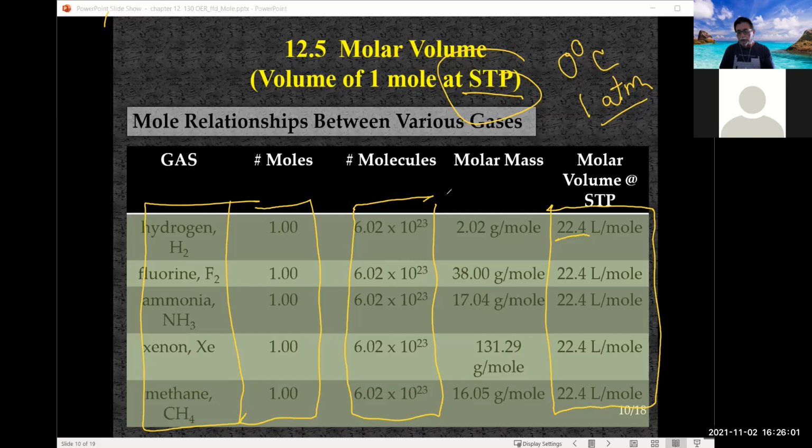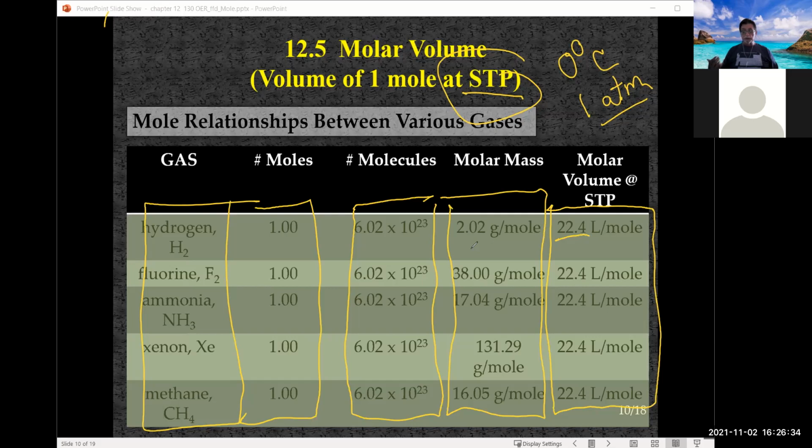Now, obviously, they're all going to have different molar masses because they're different elements, different weights, different numbers of protons and neutrons, etc. So hydrogen is going to have a molar mass of 2.02 grams per mole, okay? Just like the example with the eggs. We got a dozen small eggs, we got 12, okay, 1 dozen, but they're going to weigh a lot less than a dozen medium, right?